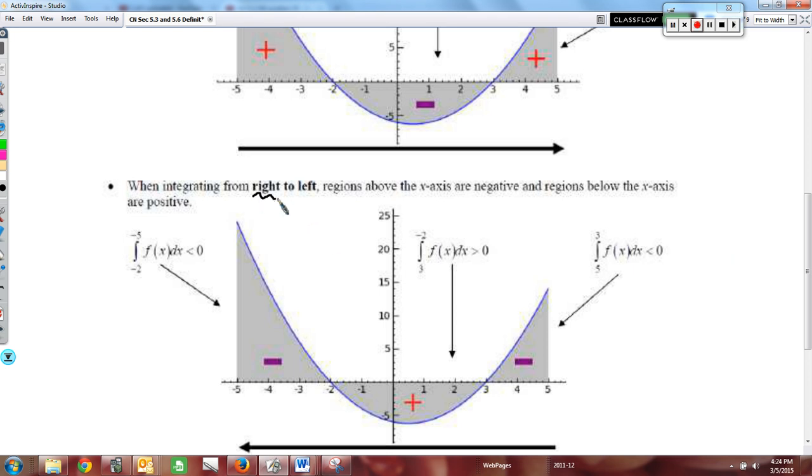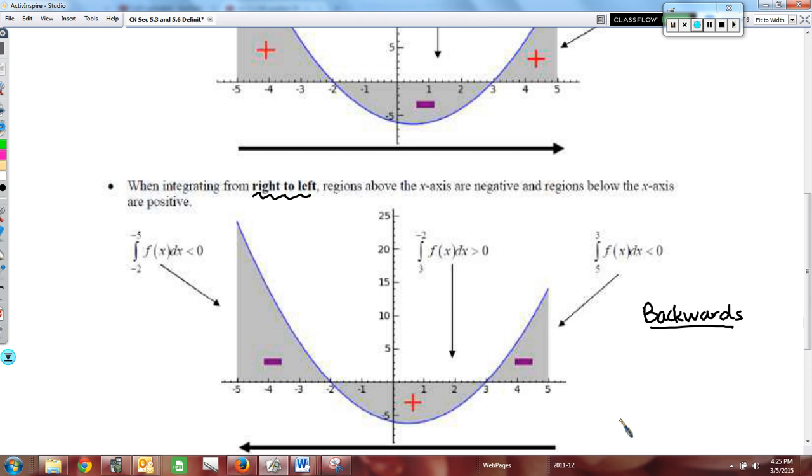Sometimes we're going to go from right to left, backwards through the region. Think of it almost like backing up. Instead of accumulating, we're going to take it back out because we're going backwards through the interval. We're putting it in reverse. So if I filled it up, took a little out, and then filled it up some more, if I go backwards, put the video in rewind, it will take it back out, put it back in, and then take it back out again.